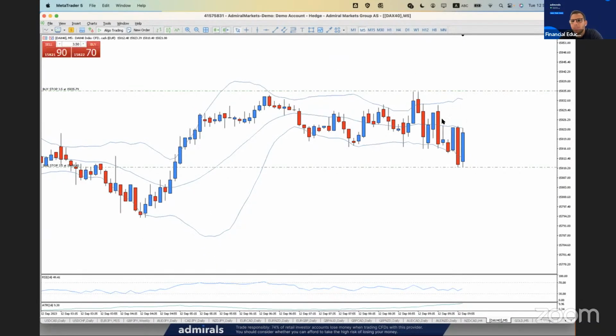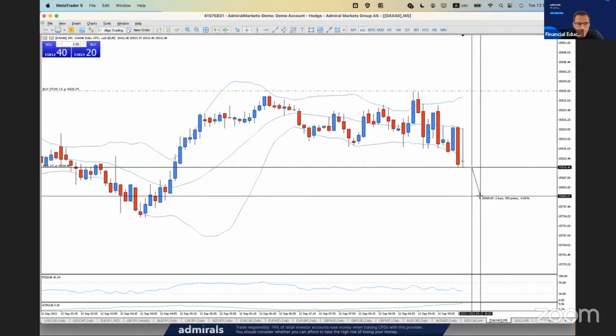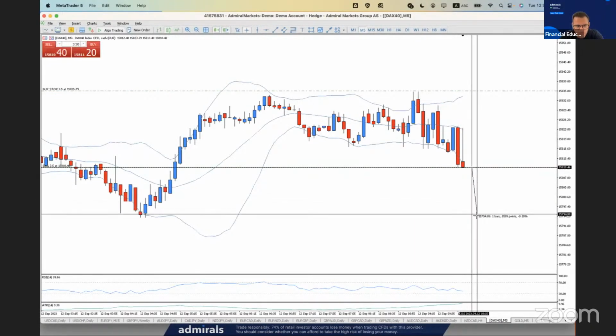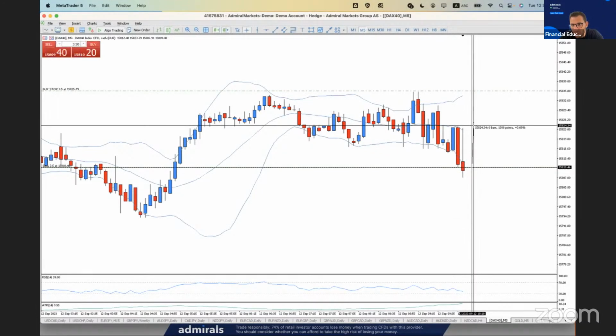It's going to break either to the upside or to the downside, guys. Okay, it's the hourly candle, and the market is going to move either way. If this is going to get triggered, again, I would like to go for a 20 pip stop loss. Okay, we got triggered to the downside.